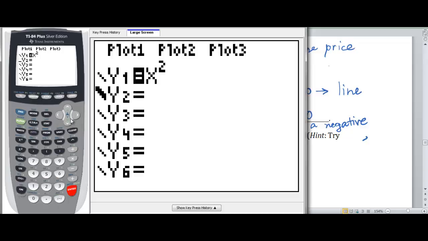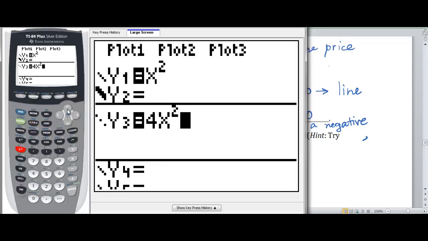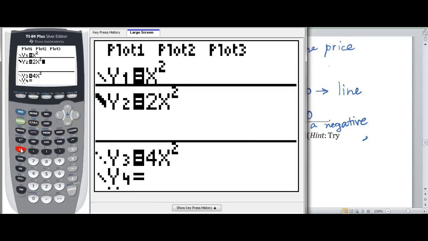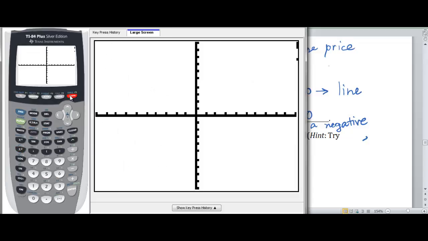Let's make that a dark line, not shaded, a dotted line. Okay, so we'll do 4x squared, 2x squared, and then we graph it.